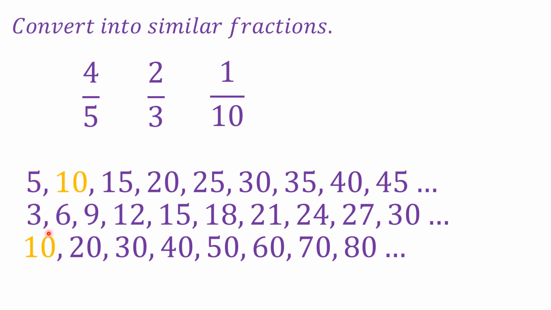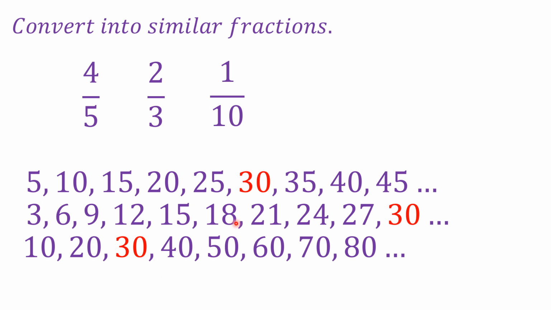The least common multiple is 10, but there's no 10 in 3. And also, if you look at 5 and 3, they have a least common multiple of 15, but there's no 15 in 10. So all three should have that multiple. That's why it's called a common multiple, because it should be common in all the fractions given. So the least common multiple is 30.